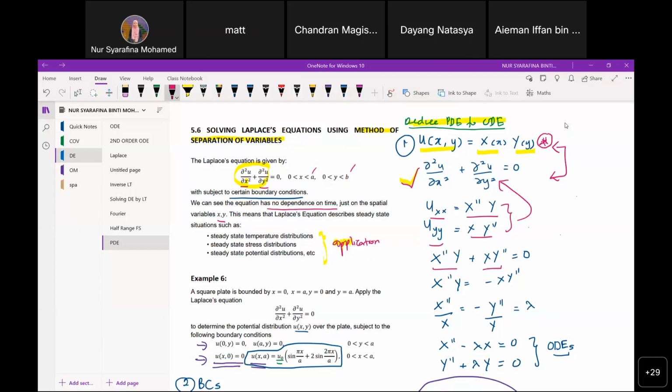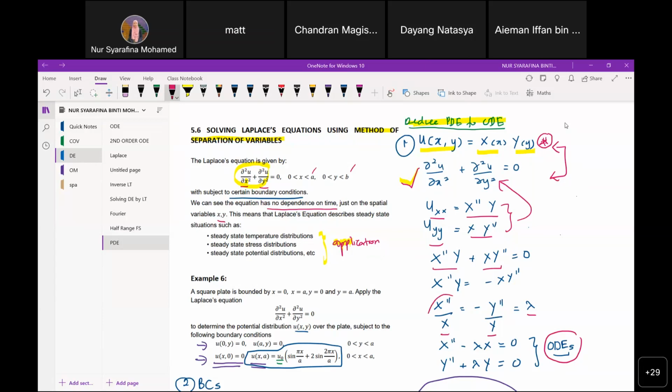Then separate the variables. Why do we have to do this? Of course, we have to have the ODE. I think everyone has passed this level, right? By reducing the PDE to ODE, you differentiate according to the PDE given, substitute into the PDE, simplify, and then separate, and these two are equal when there exists a constant lambda.